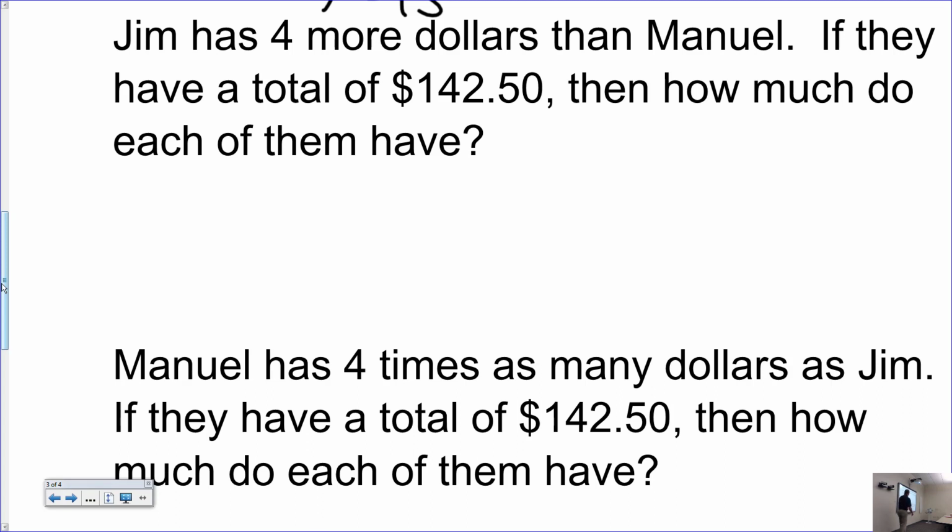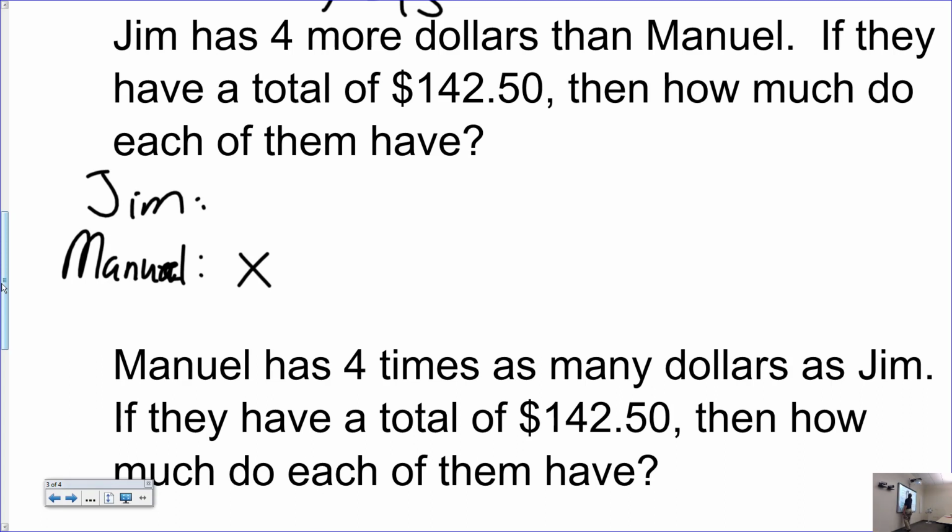First off, I'm trying to find 2 people, Jim and Manuel. Which of those 2 is going to be X? Manuel. Why? He's last. Because he's last, right? Whoever is last when you compare two unknown variables, that's who you make X. So if Manuel is x, what is Jim going to be? 4 plus x.